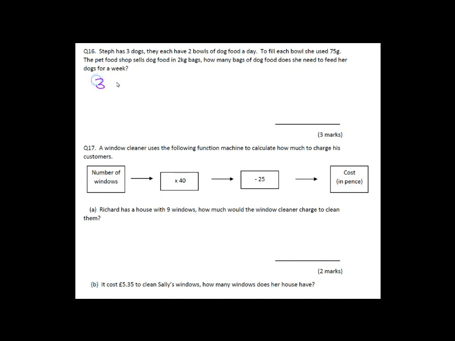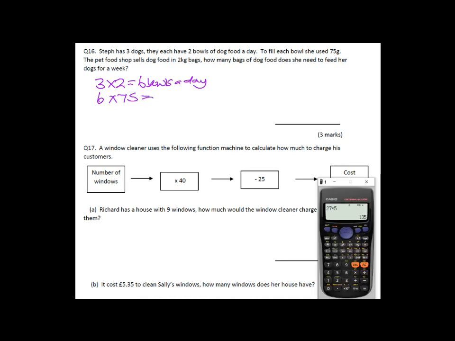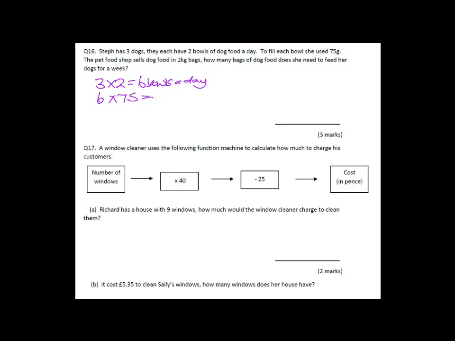So she has 3 dogs and they each have 2 bowls of food each. So that's 6 bowls a day. So the 6 bowls have 75 grams in each. So 6 75s gives us 450 grams per day for the 3 dogs.